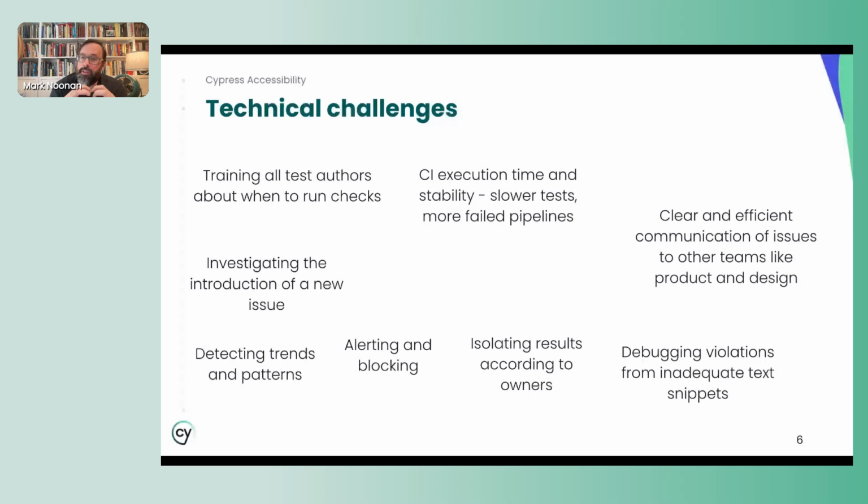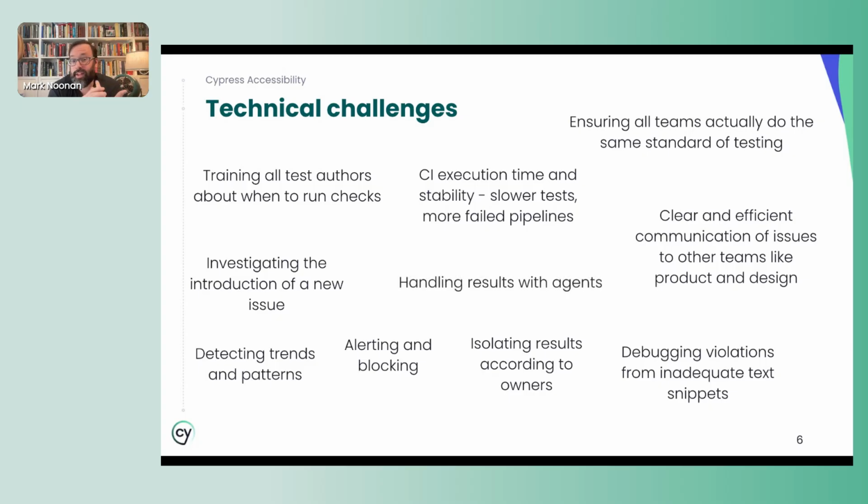What happens when you have conflicts in CI, when there's increasing CI execution time because you've added lots of accessibility tests, but then they may themselves introduce frustration related to flake and to timing issues and people having to wait longer and failure rates increasing and things like that. Then how do you get all the teams to do things? And lastly, how do you handle results with agents? This has become another one.